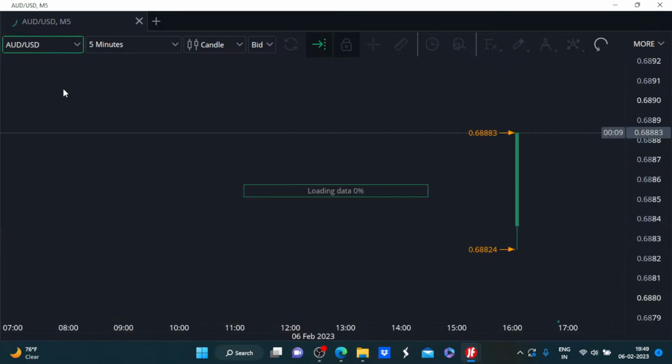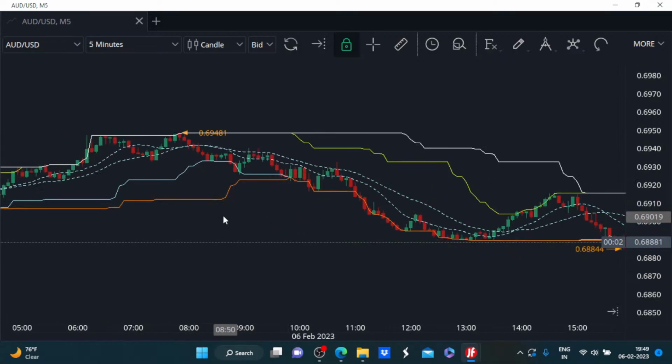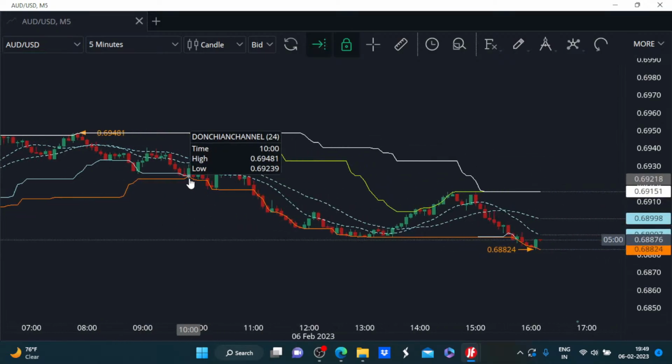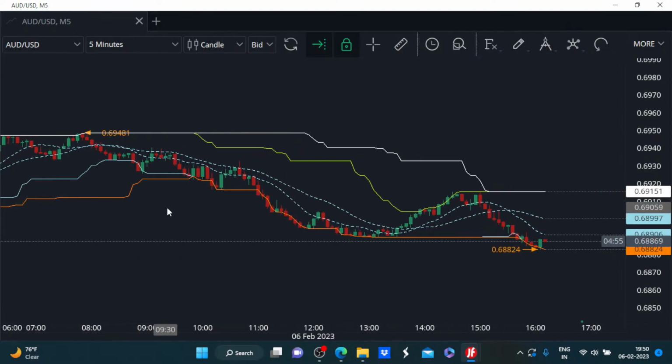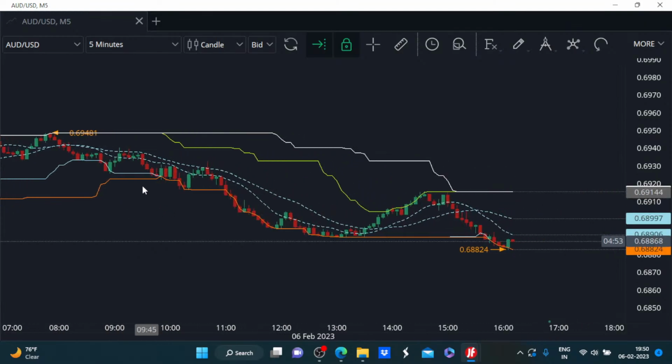If we consider the charts of the other major currencies, similar momentum is being observed there. The AUD USD was a laggard. It followed the euro's decline, but with a time gap of around 1 hour.